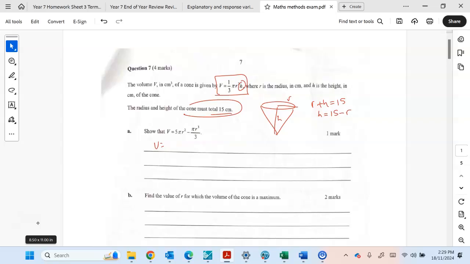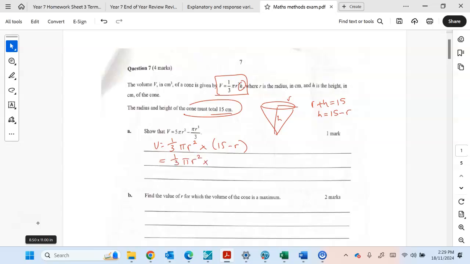So we don't know what the radius is, so that's our unknown. So 1/3 pi R squared times 15 minus R. And at this point it doesn't look like what it has to look like, but I've substituted in H, okay?